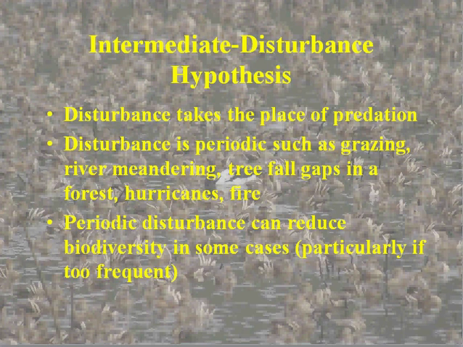So too frequent periodic disturbance can reduce biodiversity. But less frequent disturbance, say once every 20, once every 30 years, may actually increase biodiversity by maintaining the competitive species at a low enough level.